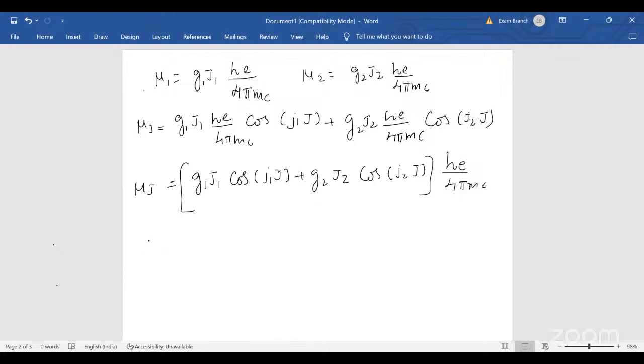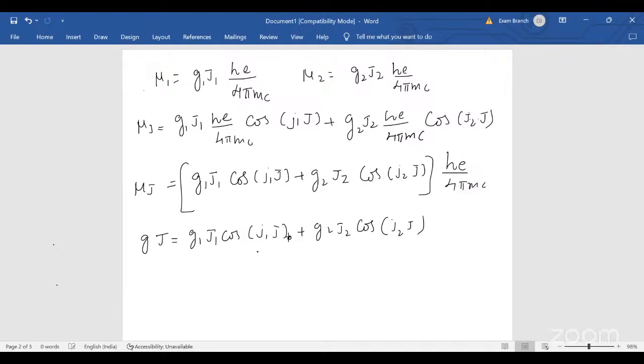So we'll write it as G times capital J, which will be equal to this entire value, that is G1, J1 cosine angle J1J plus G2, J2 cos of J2J.